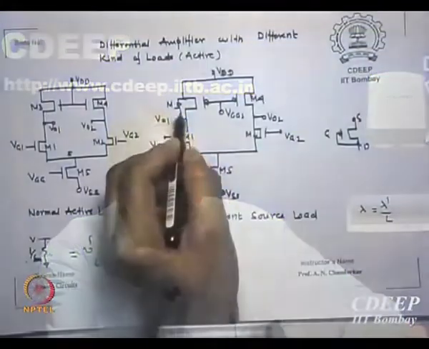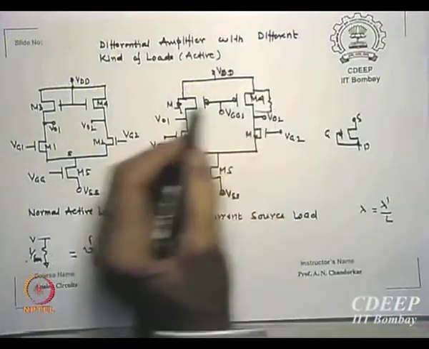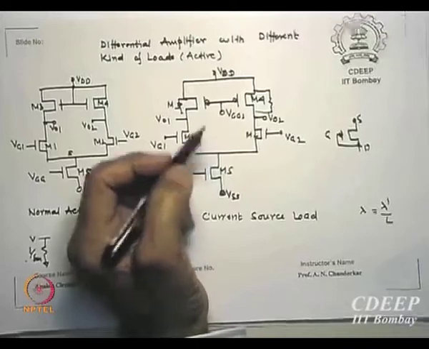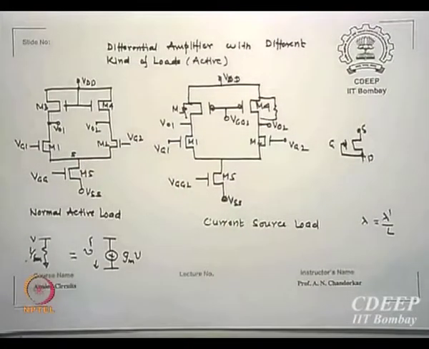If they are the same, then it is the equivalent of a resistor. But otherwise RO is always there for the transistor. If you are using one, then RO is there with you anyway. So this is the equivalent of an RO here and an equivalent RO here. Just solve it. And you will get the gains for this also.